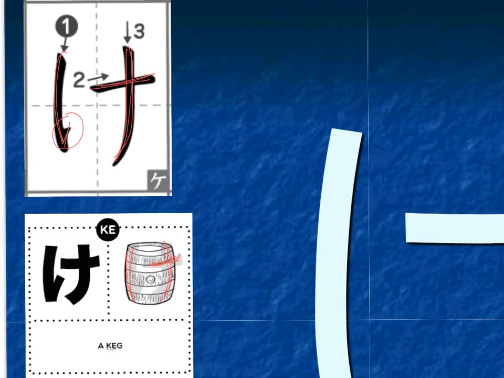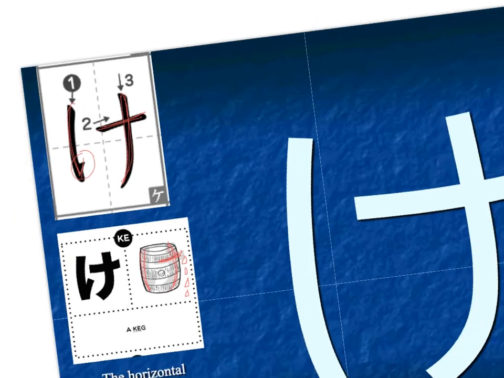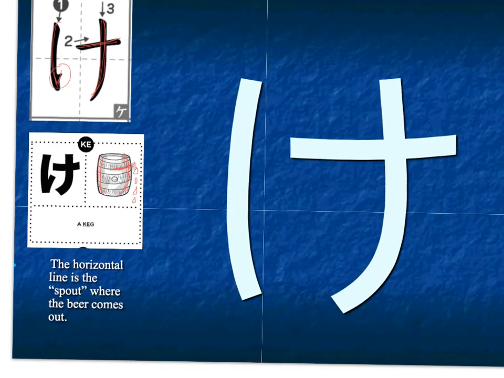And if you want to think of this as the spout, where the beer comes out. Okay. Notice, for example, that this one does not have the hook on it. So that's what I was saying, sometimes people make the hook, sometimes they don't. I tend to think this one looks better without a hook, and it's not really that necessary.